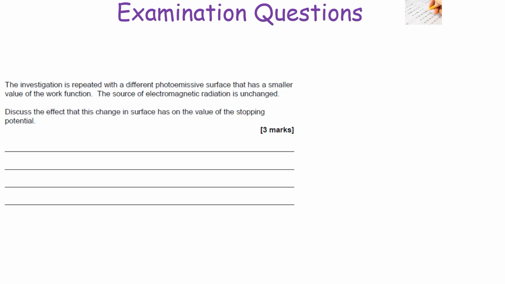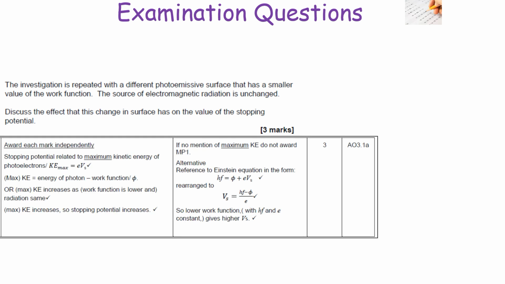Well, what you've got to remember is that stopping potential links to the electrical potential energy, which is equivalent to the kinetic energy of the photoelectron. We also know that the total energy of the photon is split between the work function and the kinetic energy of the emitted photoelectron.